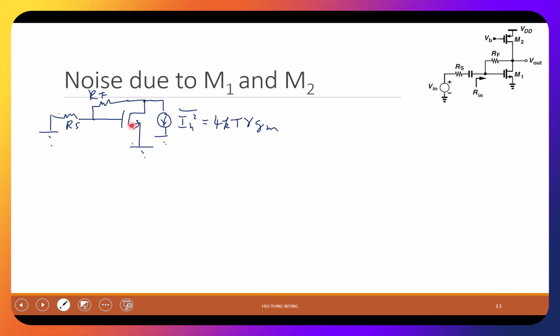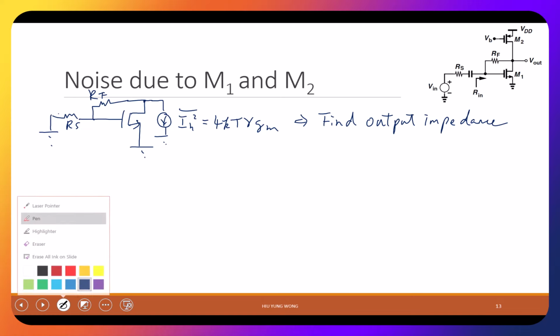We ignore the gate thermal noise, the resistance noise, and the flicker noise. Then we only have this noise. To find the equivalent voltage source, all I need is to find the output impedance, which is this one.